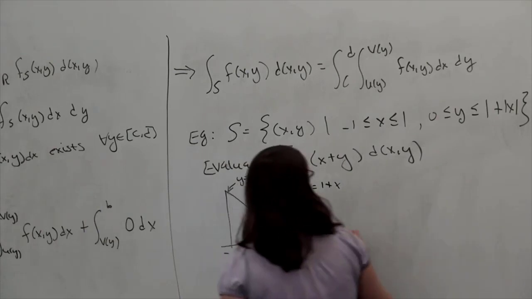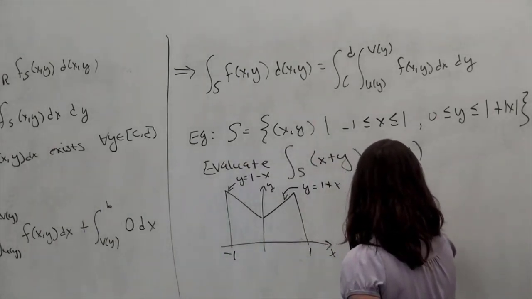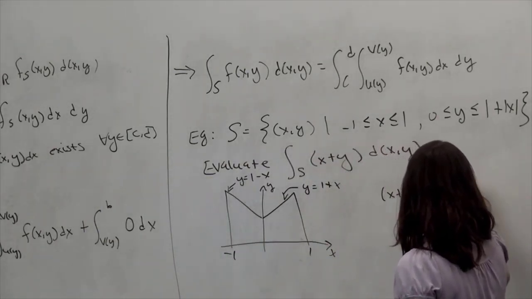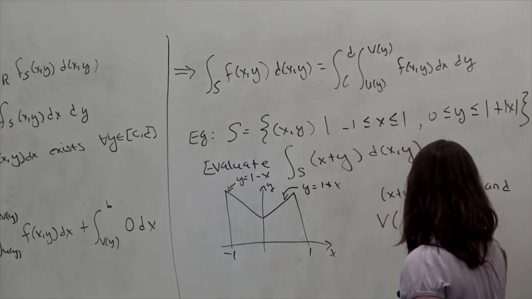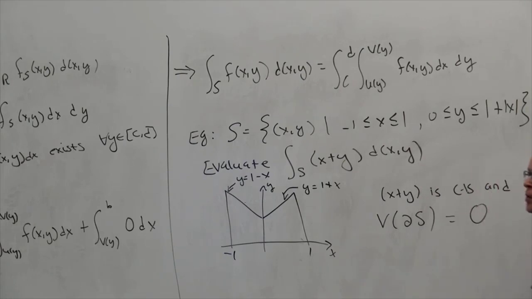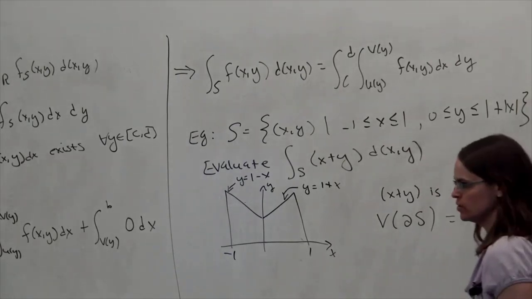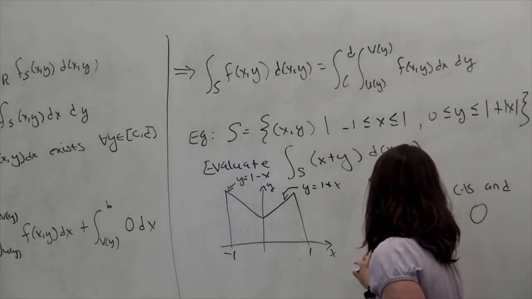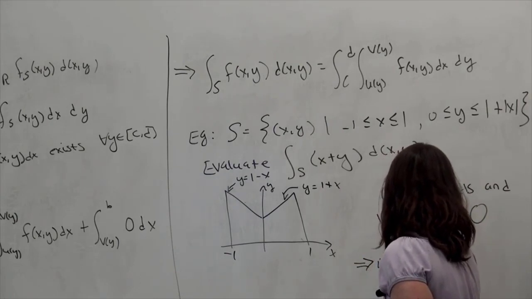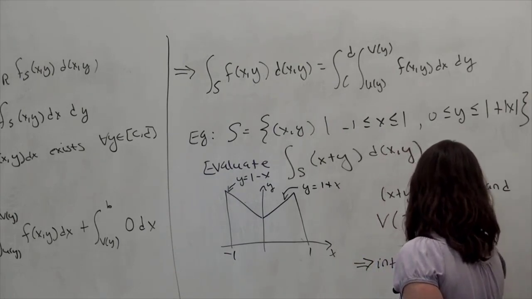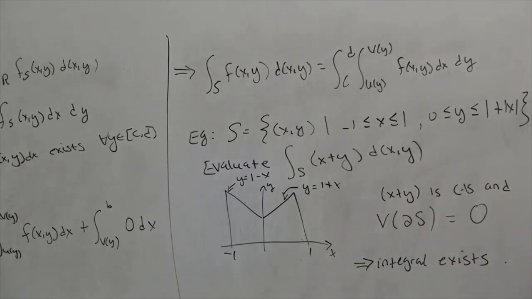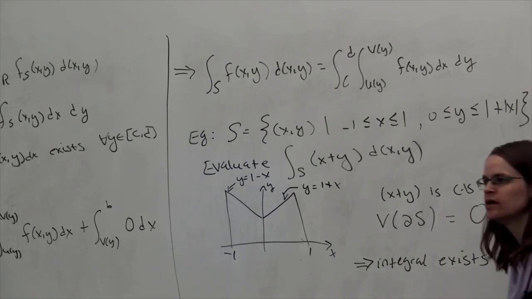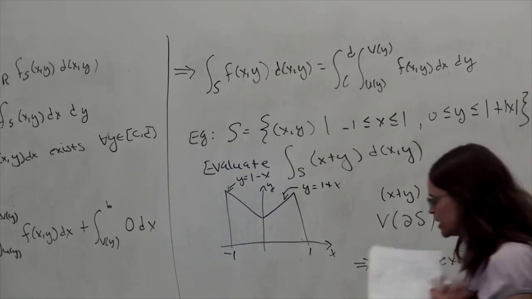So note that x plus y is continuous, and the boundary of S has no volume, so we're happy with this integral. And once we're happy that the integral exists, then we can start doing the iterated integral, and as long as we don't run into problems doing the iterated integral, we're good. We'll get the right answer.